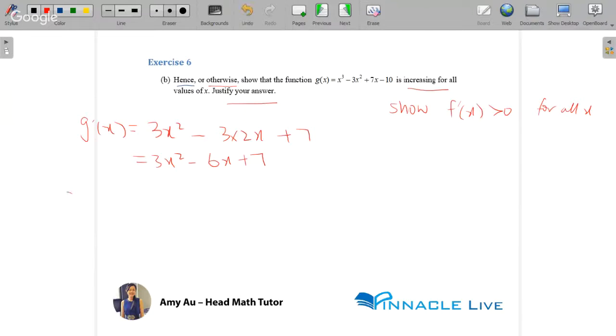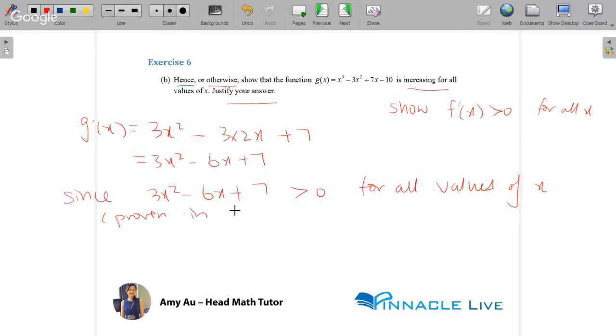So since 3x² − 6x + 7 is always positive for all values of x, that's already proven in part A, that means g′(x) is always positive for all values of x, meaning it's always increasing.